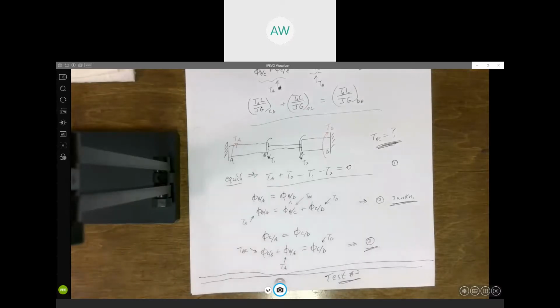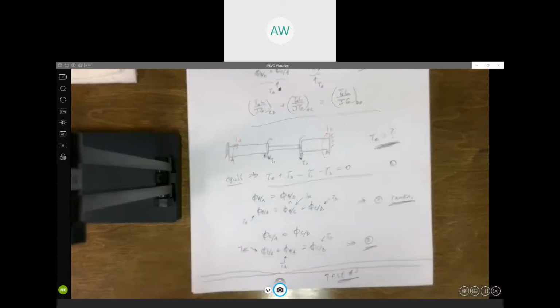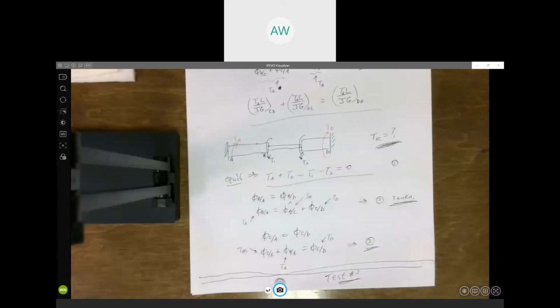So Tuesday, when we come back from break, your test will go from wherever the first test ended up to this point. All right, any questions about twisting statically indeterminate shafts? Again, only with a circular cross section.